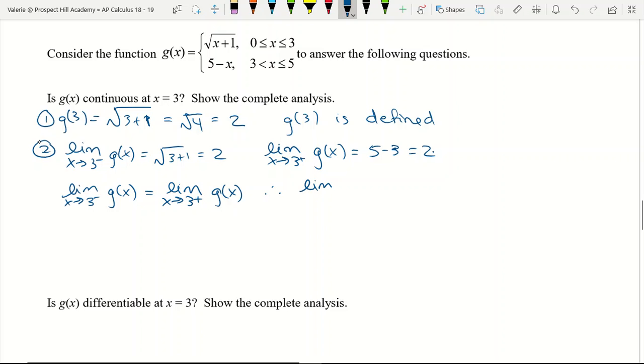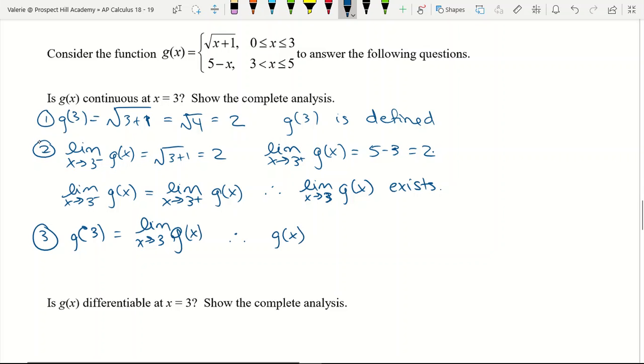Therefore, the limit as x approaches 3 of g of x exists. And the last piece of information is that g of 3 must equal the limit as x approaches 3 of g of x, which it does. So therefore, g of x is continuous at x equals 3.